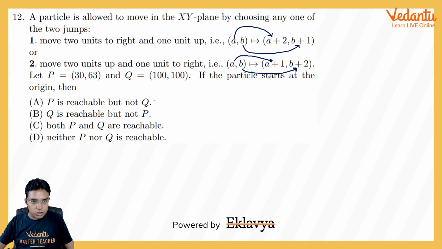Now dear all, to check what is reachable, what is not, I will say we took n number of moves which was 1, and we took m number of moves which was 2.